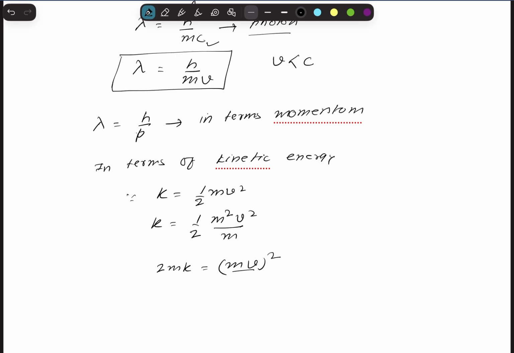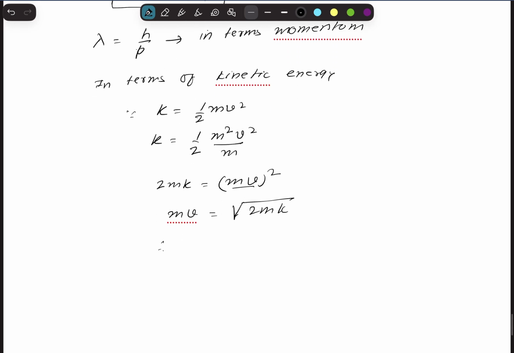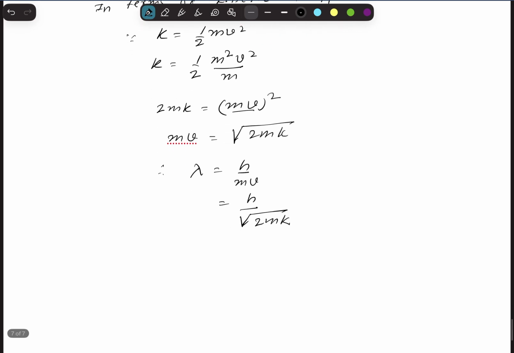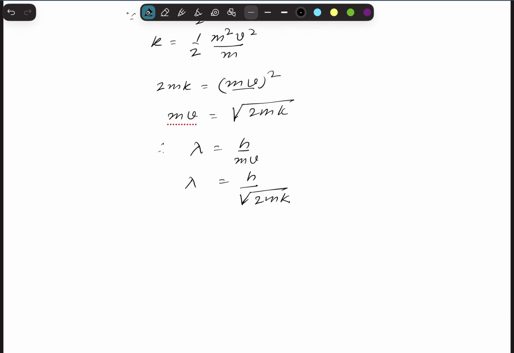Here 2m I will take to the other side. So I get my mv as root over 2mK. Therefore, I can write my De-Broglie wavelength, which is h by mv. In place of mv, I can write root over 2mK. This is in terms of kinetic energy.